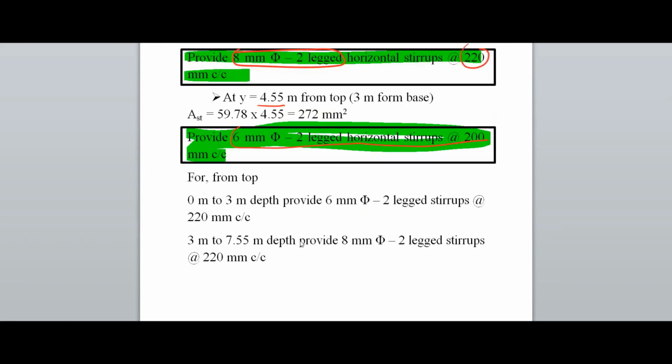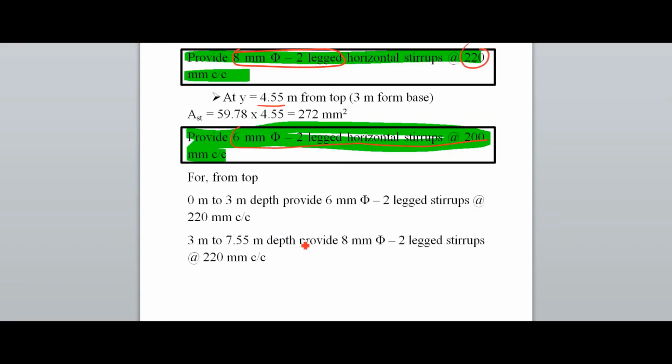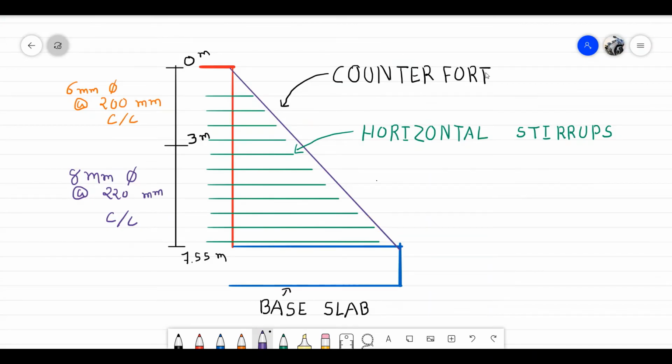Now by this design we can say, from the top to the bottom, I will explain in the figure. So give me some time. Okay, so now you can see here, I divide the stem in two parts. One is 0 to 3 meter and second is 3 to 7.55 meter.